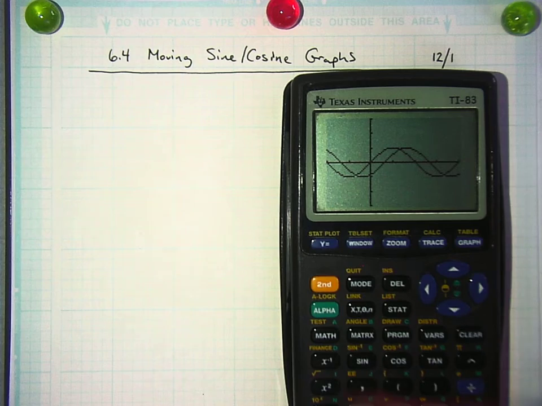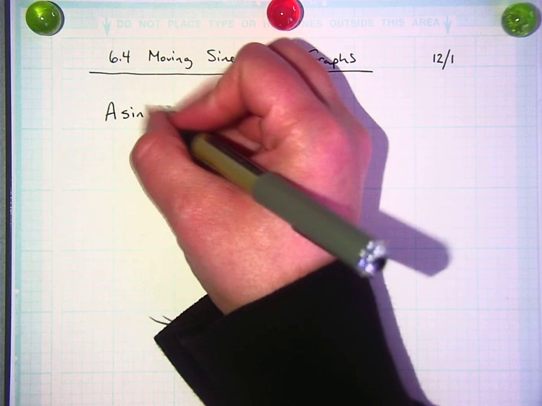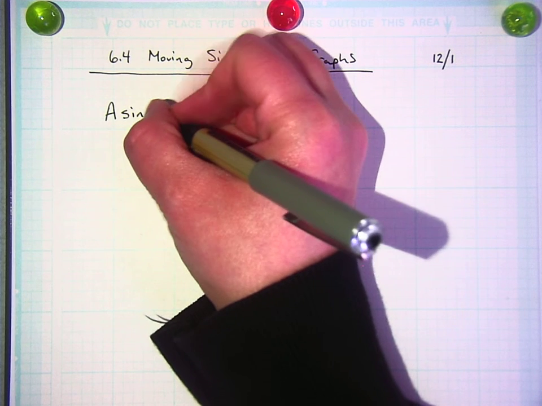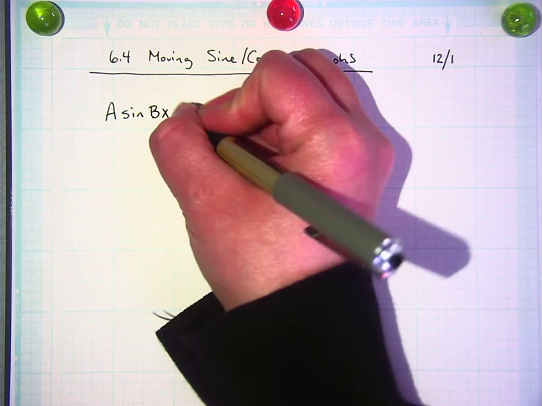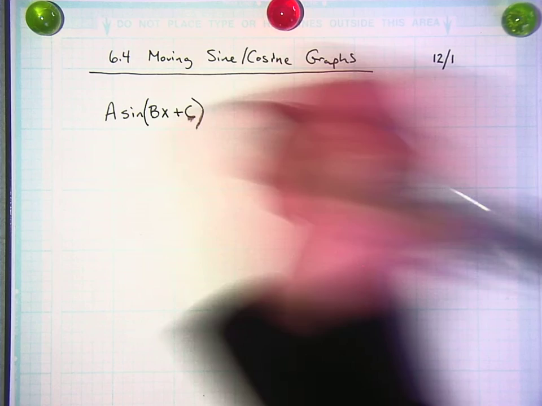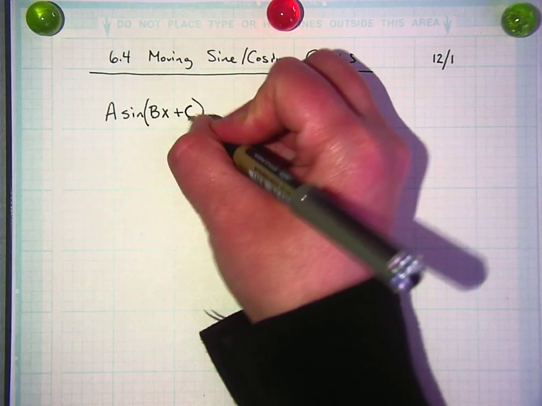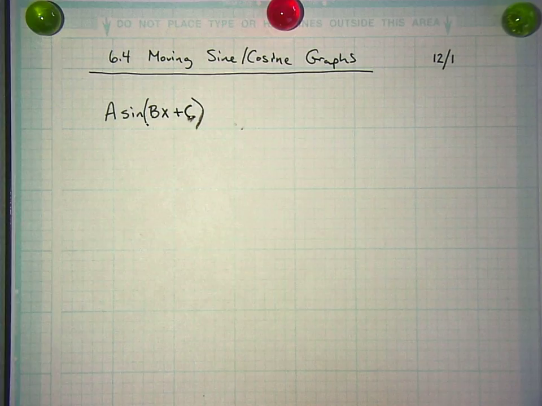Now, this is true as long as you don't have a b in there. If you have a b in there, it's actually c divided by b.